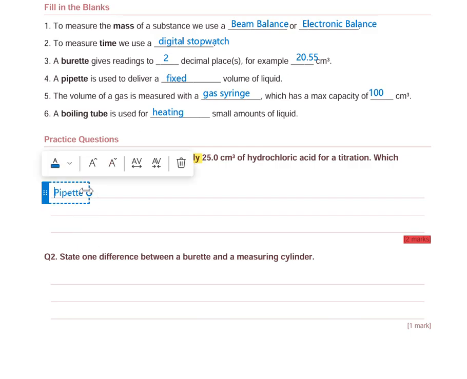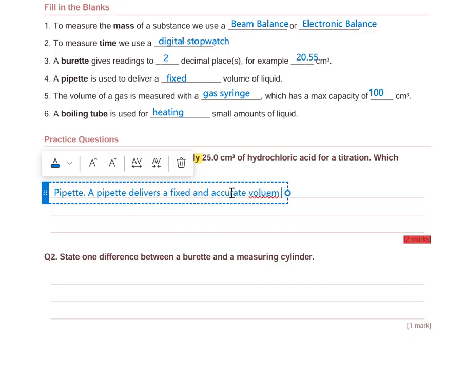Okay, so the pipette, right? So you have to ask why. You have to state it in very scientific terms, not like in normal times. A pipette delivers a fixed and accurate 25.0 cm cubed.